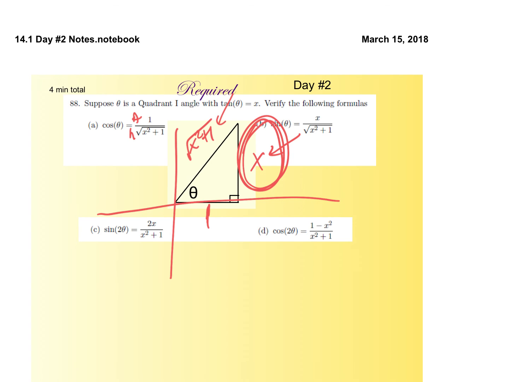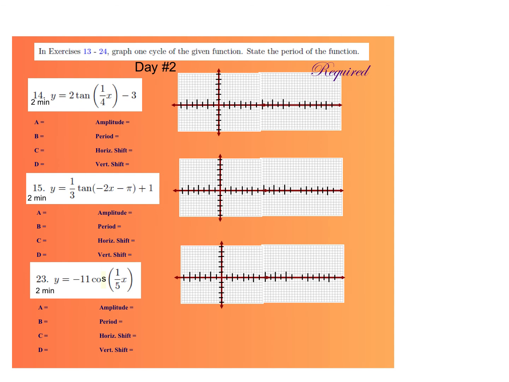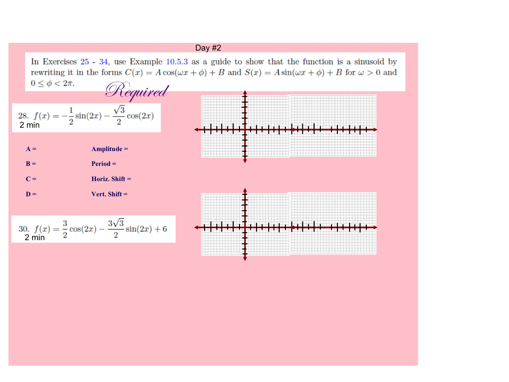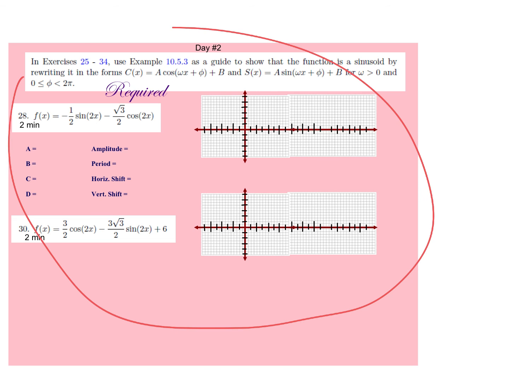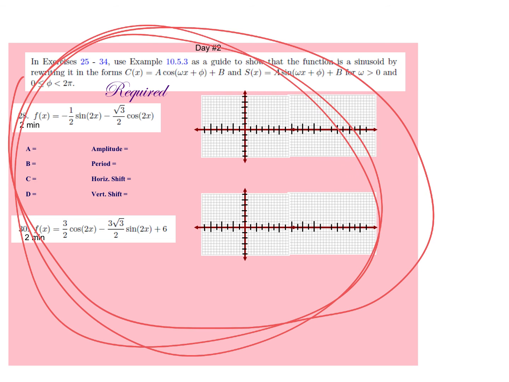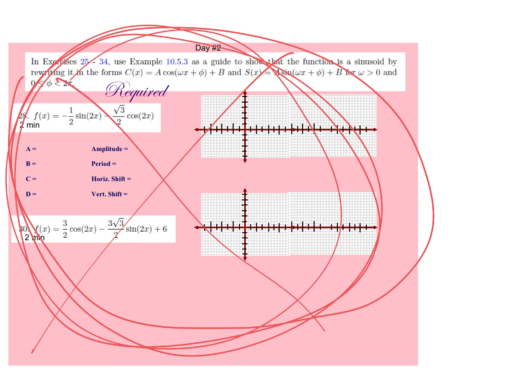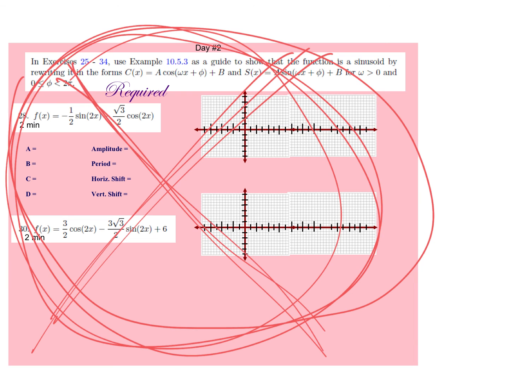So I don't even need you to know. Dang it. Here's the page, this one. I thought it was a different color. 28 and 30, you do not have to do those. That's just gross. Those are about impossible.